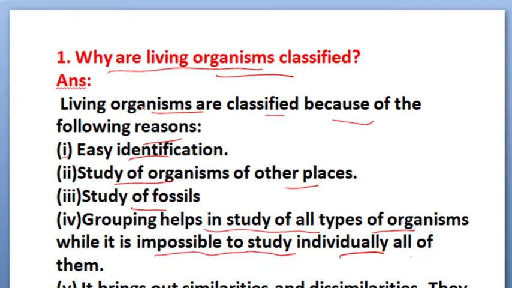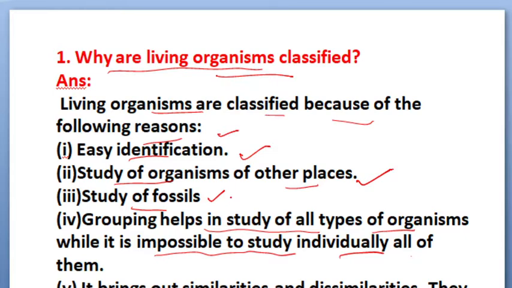Answer. Living organisms are classified because of the following reasons. Number 1, easy identification. Number 2, study of organisms of other places. Number 3, study of fossils.